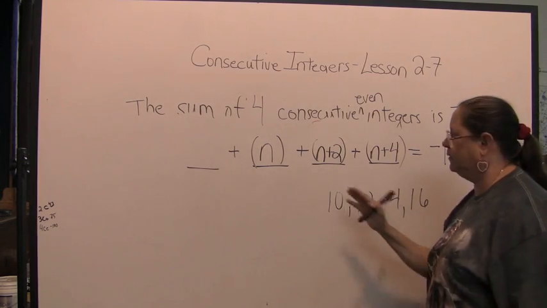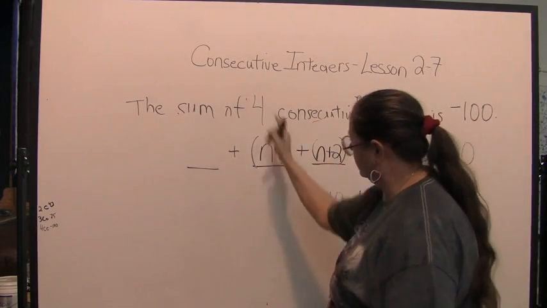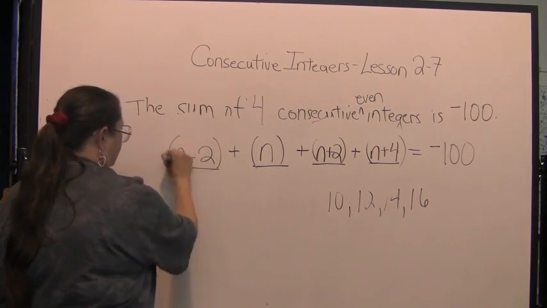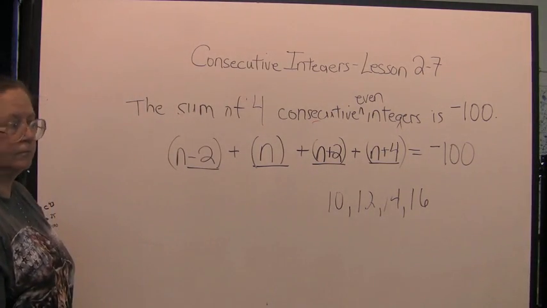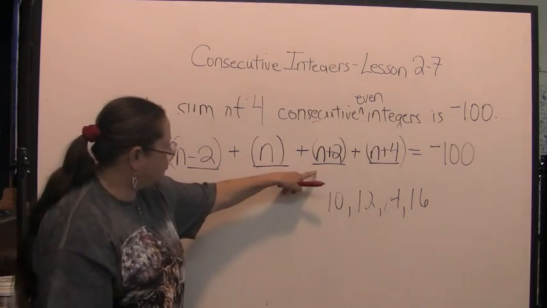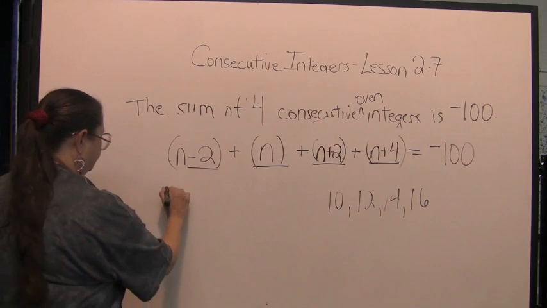I need one more number, because it says we have 4. So to go this way, I'm going to subtract 2. Okay, now let's see, I've got 1, 2, 3, 4 narwhals.